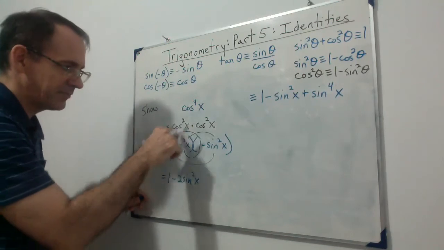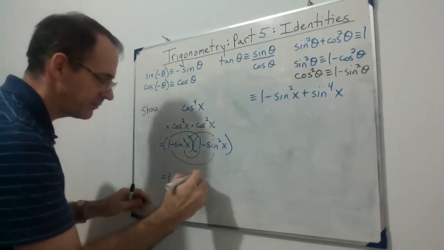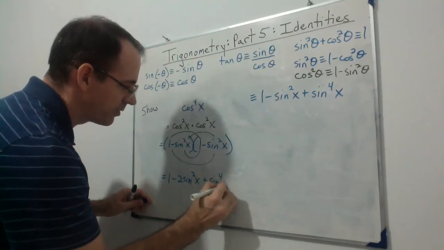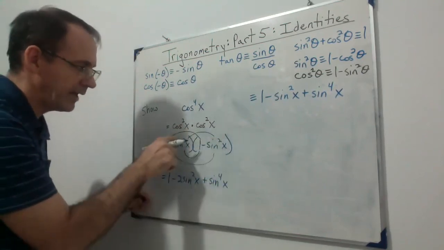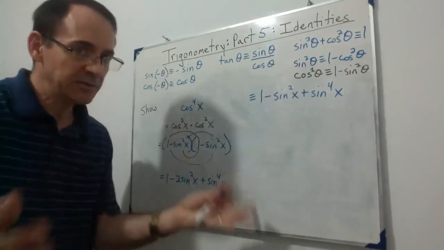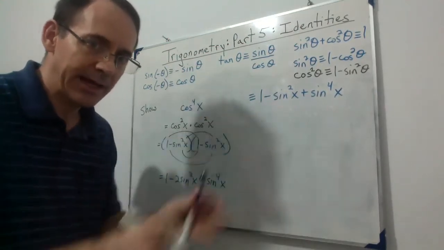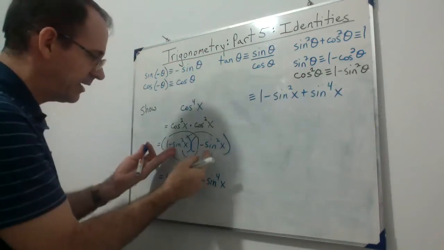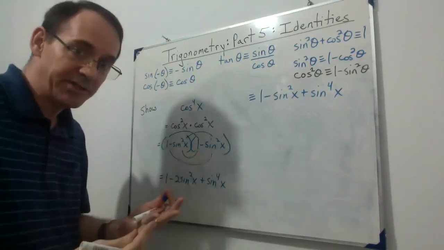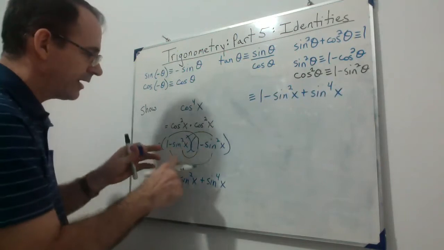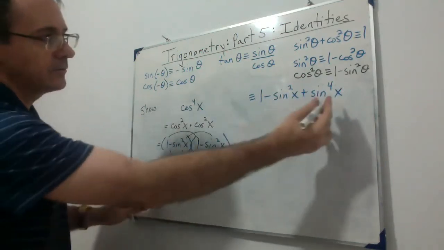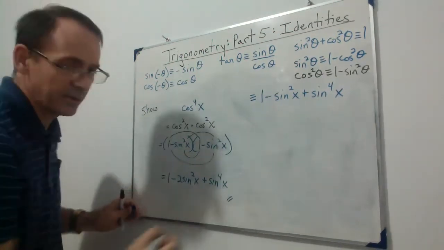And then a negative sine squared x times a negative sine squared x gives positive sine to the fourth x. Remember, when you're multiplying, you add exponents. Just like in algebra, multiply like bases, you add exponents. Same thing here, our like base is now trigonometric instead of algebraic, and we still add exponents, we get the fourth. And what do you know? That's exactly what we need.